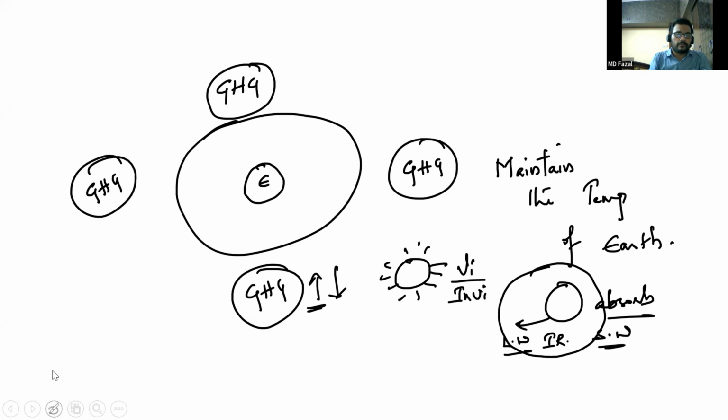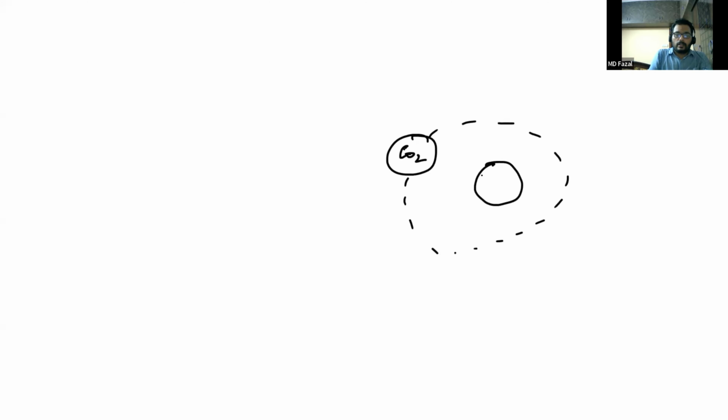This is one question which was asked in UPSC. Carbon dioxide is a greenhouse gas. So here, for example, the sun emits short waves, Earth will absorb a few, and the others will be re-emitted back to the atmosphere.